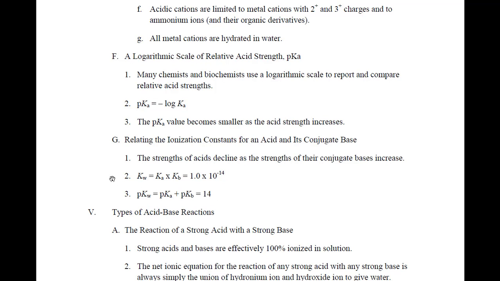So again, Kw equals Ka times Kb, and that's going to be 1 times 10 to the minus 14th. So taking the negative log all the way through gives you pKw equals pKa plus pKb equals 14. And we can do calculations surrounding that.